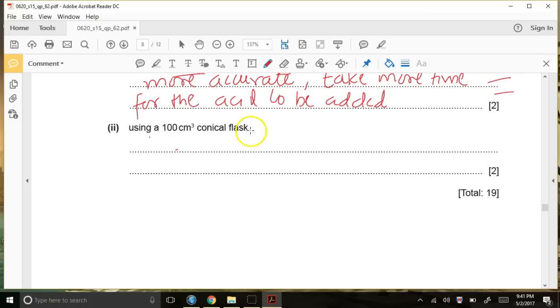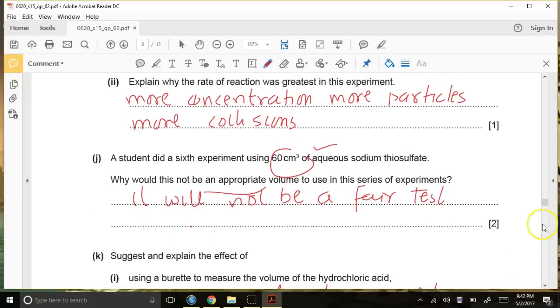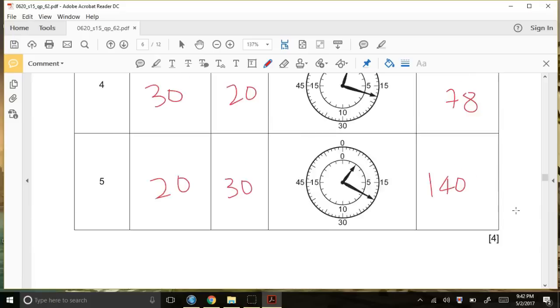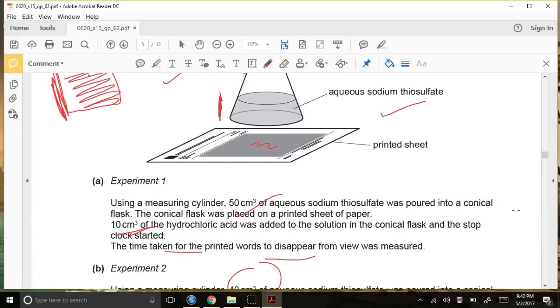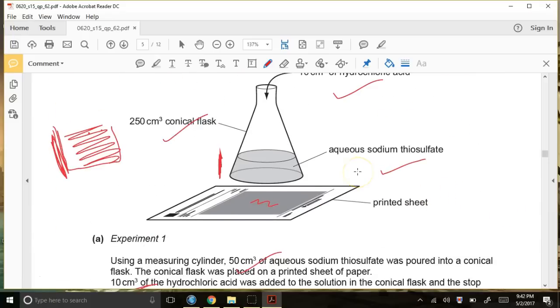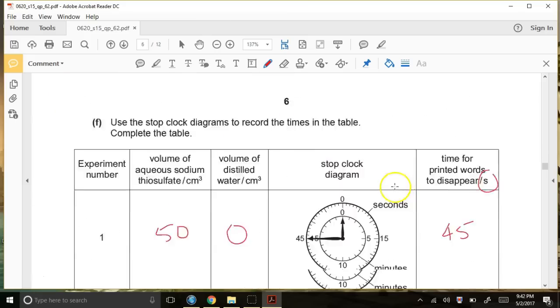100 cm cube conical flask, which means this is a much smaller conical flask compared to what was used on the previous page. They used a 250, and now I'm going to use 100. A 250 is clearly much bigger. Just quickly show you here. That was 250 there. That's a much bigger conical flask. But if you use 100 cm cube, the difference you will notice is in the depth. In a smaller flask, you will expect this liquid to be spread more, so the particles are in contact much more.